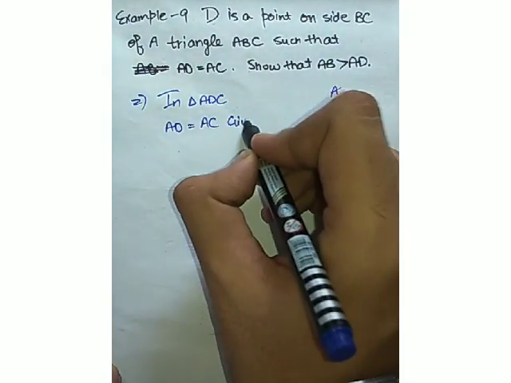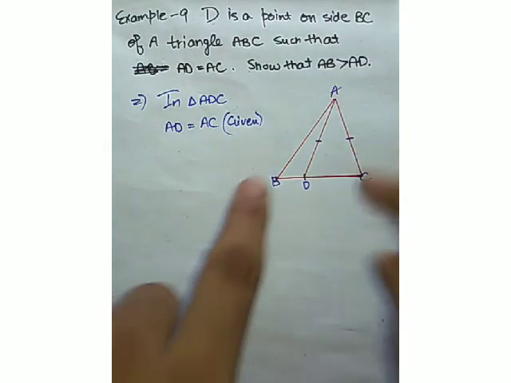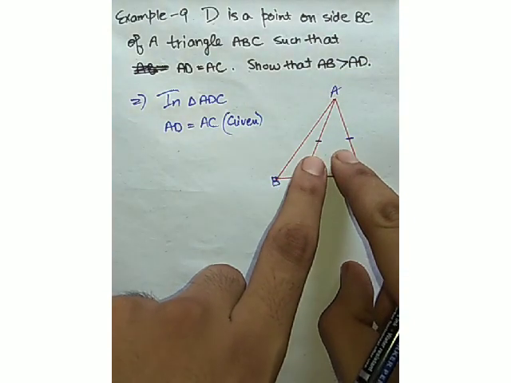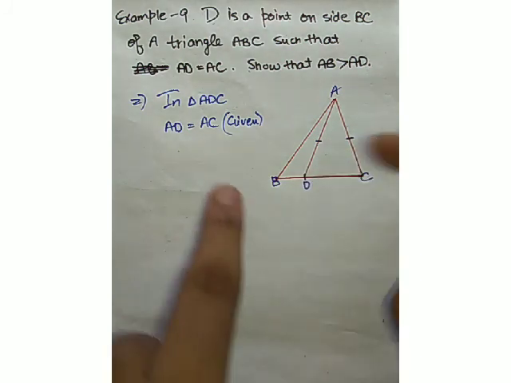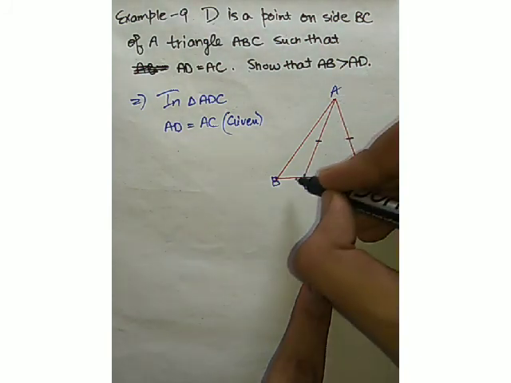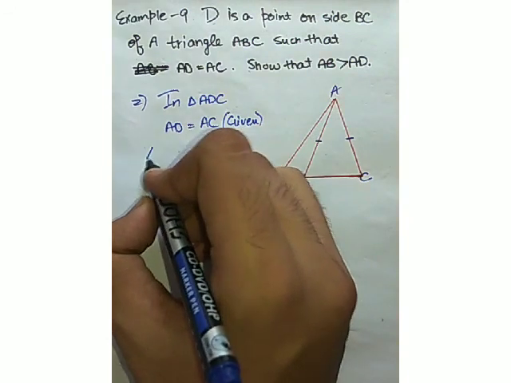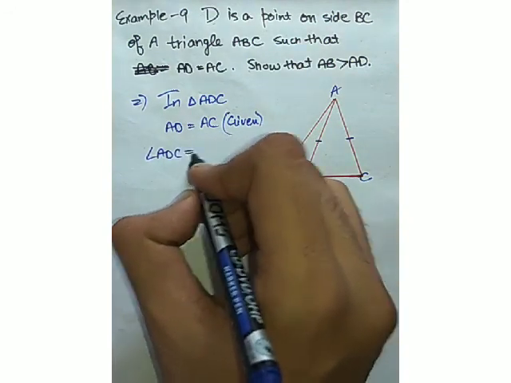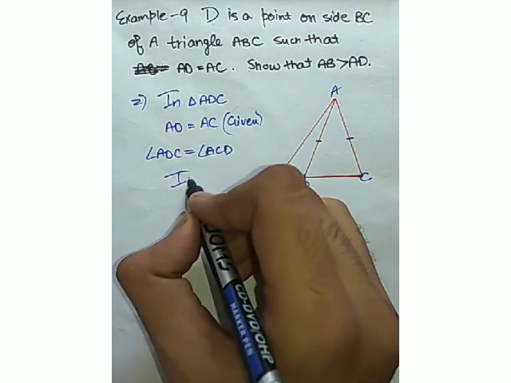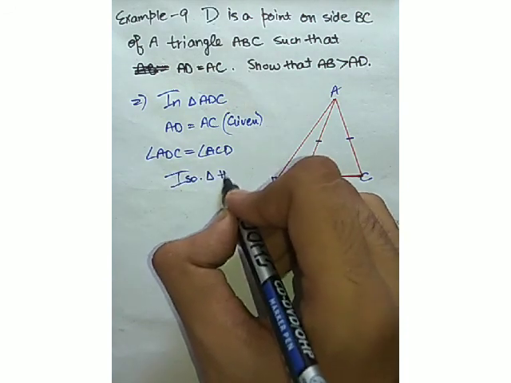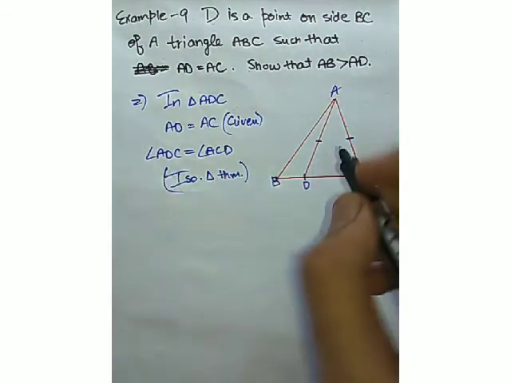Why so? Because it's already given. Now we have also proved the theorem related to isosceles triangles, that angles opposite to equal sides are also equal. It means angle ADC will be equal to angle ACD, because of the isosceles triangle theorem that we have studied in our previous videos.